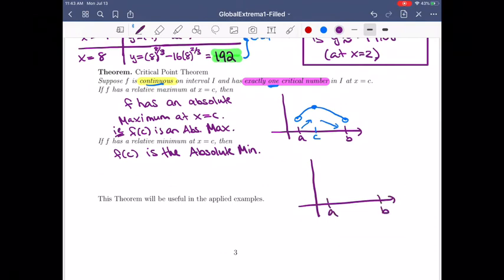This time I'm going to make C the critical number over here. So you might have something like that. Again, maybe these are open, maybe they're closed, it doesn't actually matter. So here it's going to decrease to C and then increase from C. Because C is the only place it can change, if it's a relative min, it has to be the absolute min.